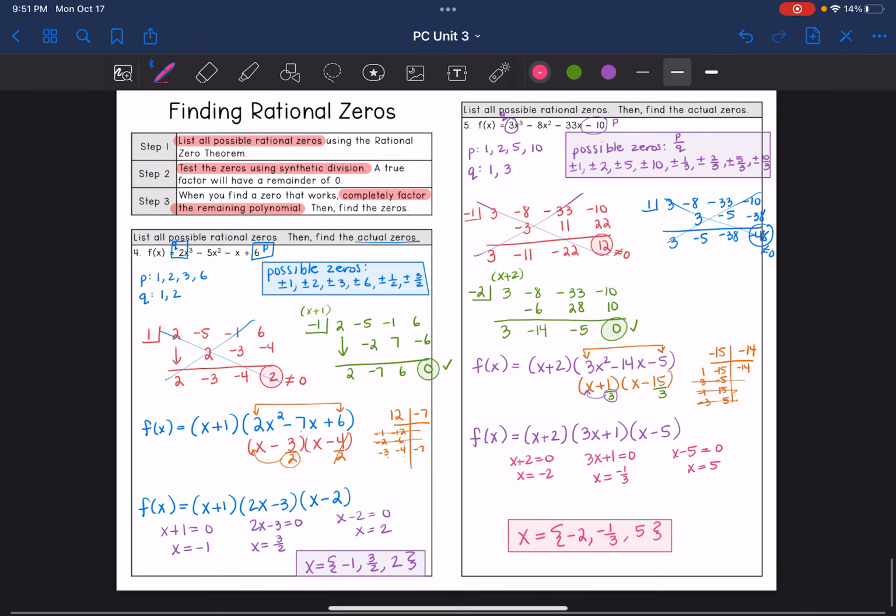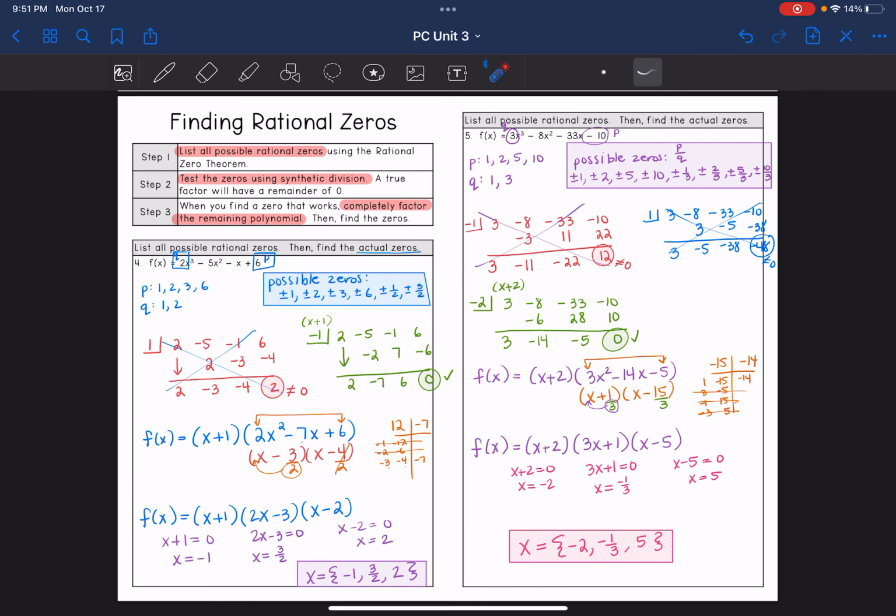And just to double check, all of those should have been on your list of possibles. So -2 was right here, -1/3 is here, and +5 is here. So they were all on the list of possibles. Okay, and that's how you find rational zeros of polynomials that are not easily factored.